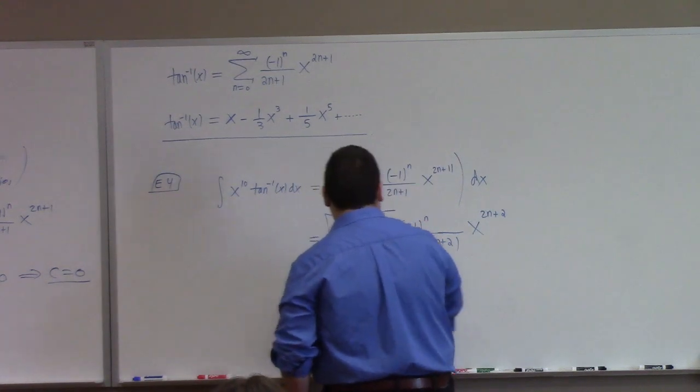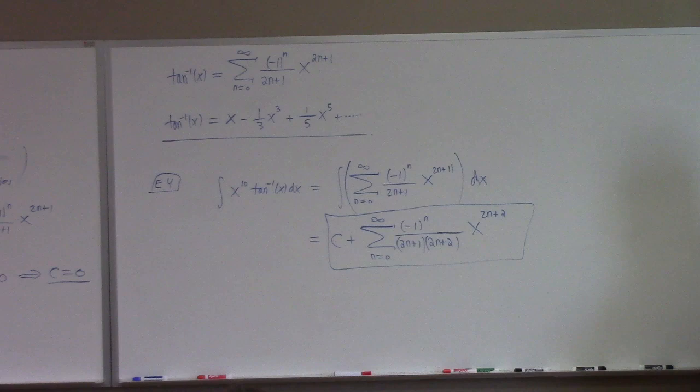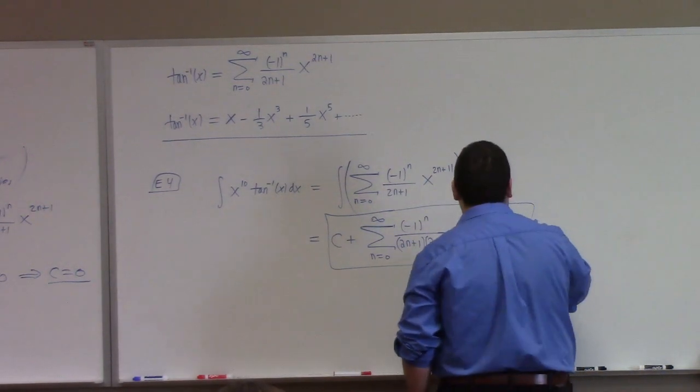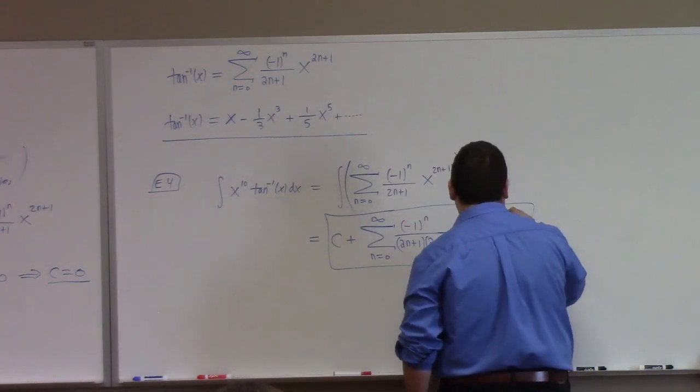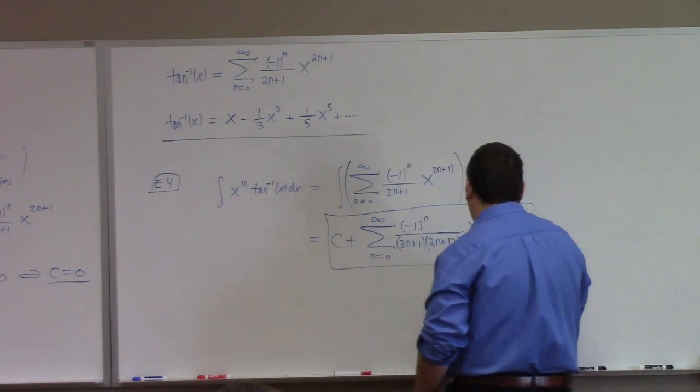There you go. That's the integral. Wait, 2n plus 12 or 2n plus 2? Oh, plus 12. And same down here. I can't read my own writing. Thank you, Nathaniel.